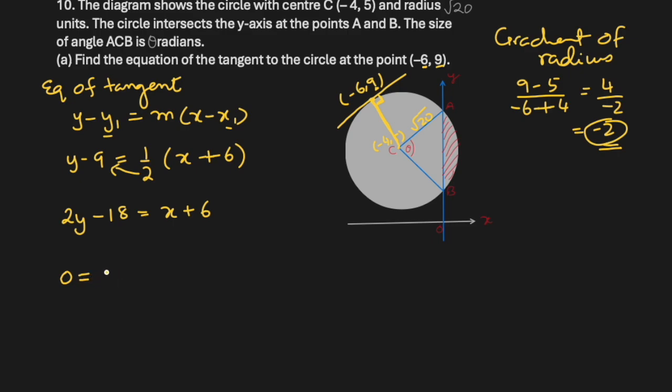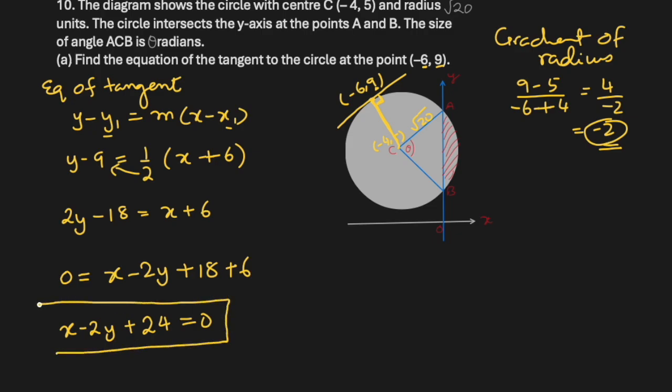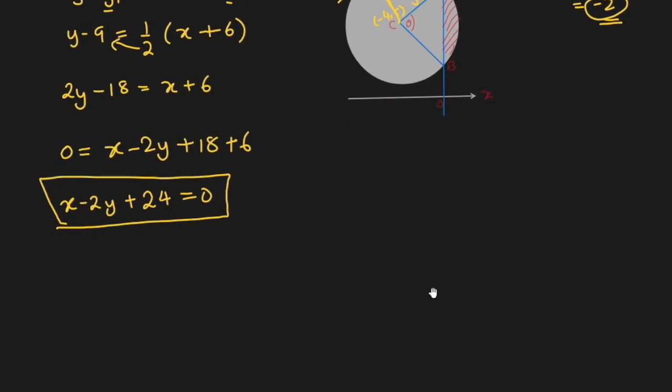So 0 equal to x minus 2y plus 18 plus 6. And if I exchange their places, it will be x minus 2y plus 24 equal to 0. This is the equation of the tangent.